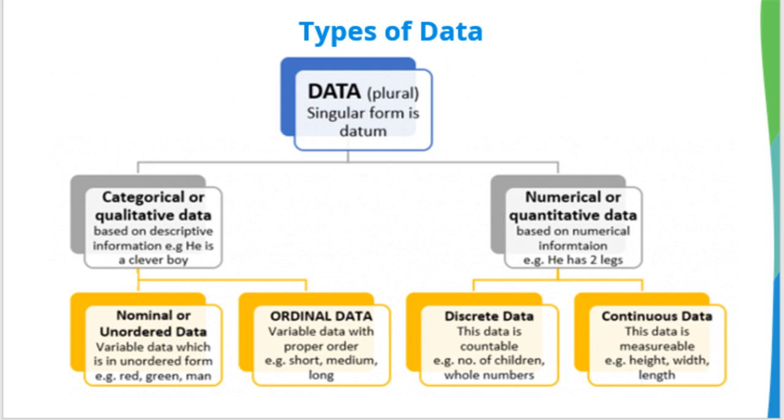You have poor, fair, good, and excellent. Poor comes first, followed by fair, followed by good, and excellent. These are ordinal. They have order, even though they are categorical data. Categorical data are not necessarily numbers; they are basically descriptive values.